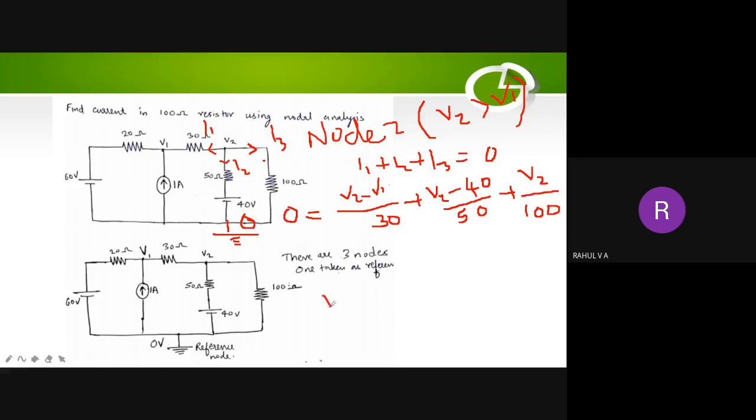Okay, so V2 divided by 30 minus V1 divided by 30 plus V2 divided by 50 minus 40 divided by 50 plus V2 divided by 100.